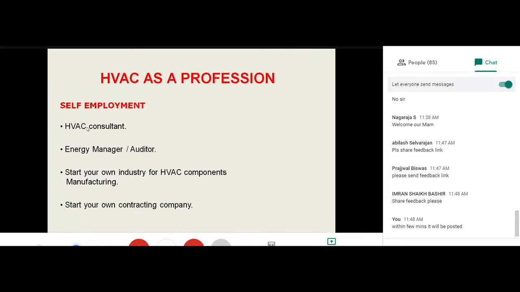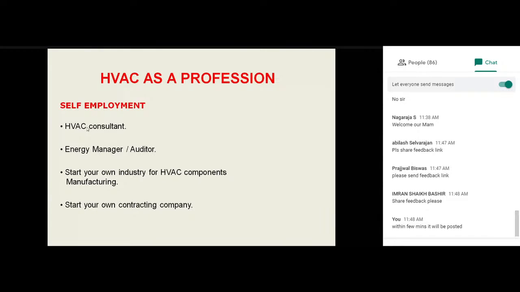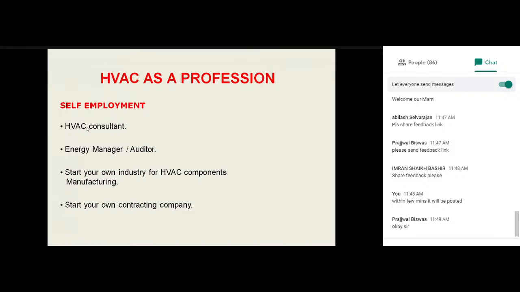You can also start your own industry producing components of the HVAC industry. As I said, grills and many other components can be manufactured in India, and the government is now supporting such activities. So over a period of time you can start your own component manufacturing and your own contracting company. This all depends on the individual.